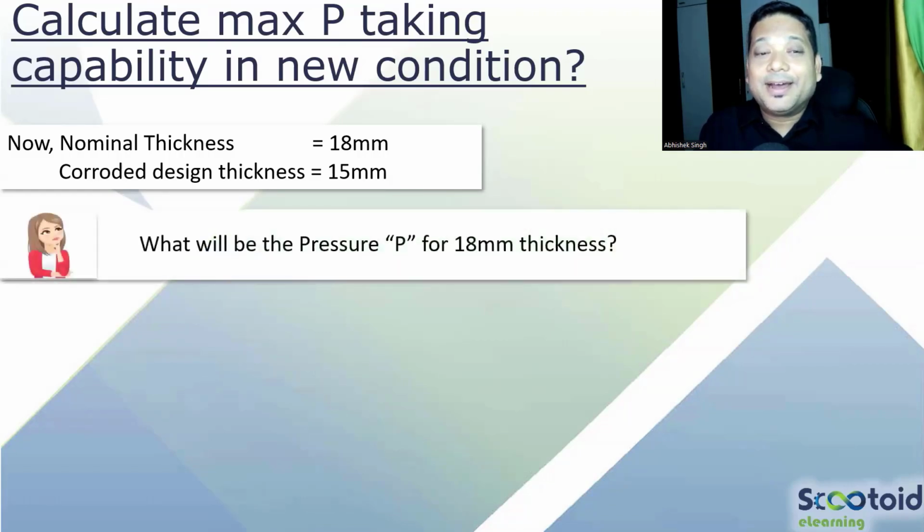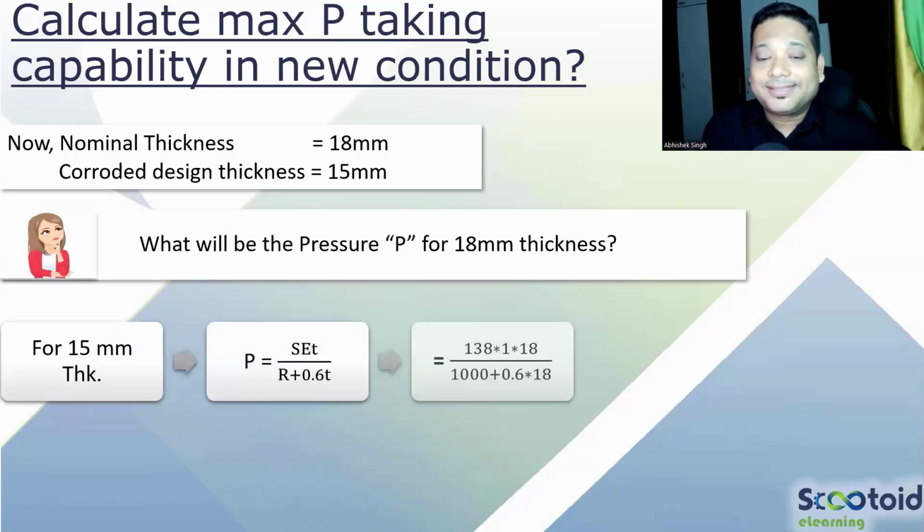So now what I'm saying is, what is the pressure taking capability of that cylinder in new condition? There is no liquid at all. It is not in working. I'm just interested in finding the pressure which it can take. So I've used the same formula. Now here it will be 18, not 15.